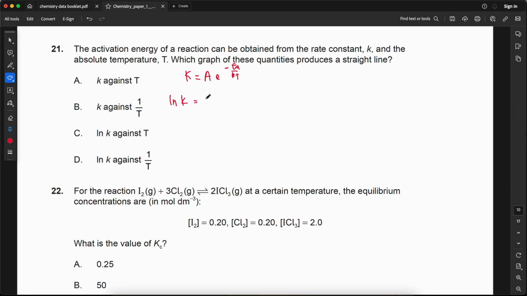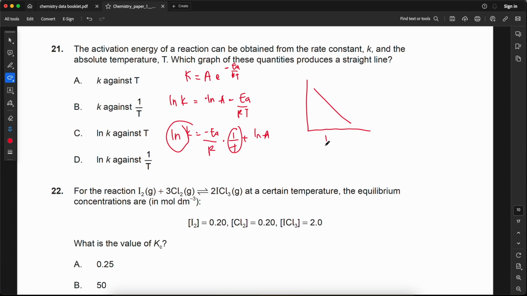So ln k equals ln A minus Ea divided by RT, or ln k equals negative Ea divided by R times 1 over T plus ln A. So you can see here ln k and 1 over T. The graph will be like this, 1 over T and ln k. This is the slope, y equals mx plus b. Therefore, the answer is D.